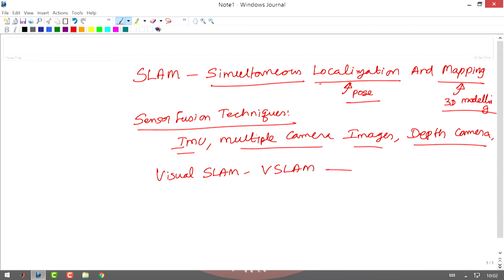In VSLAM we focus only on algorithms which take input from the camera alone, and VSLAM can have multiple camera inputs.